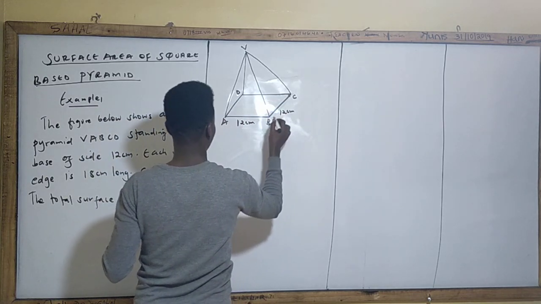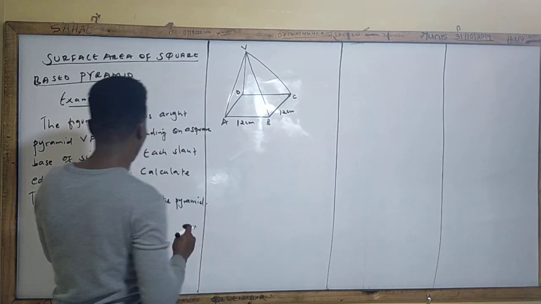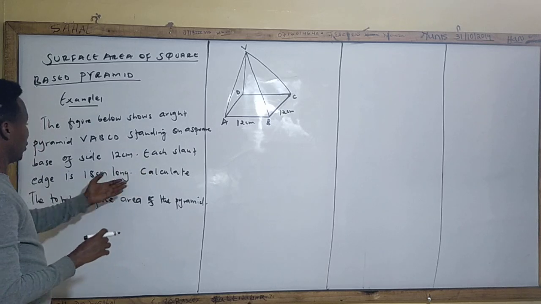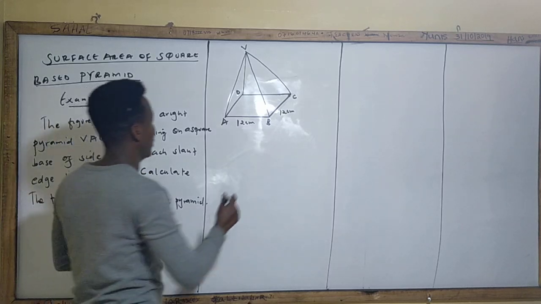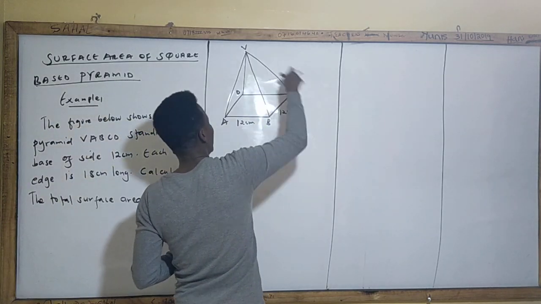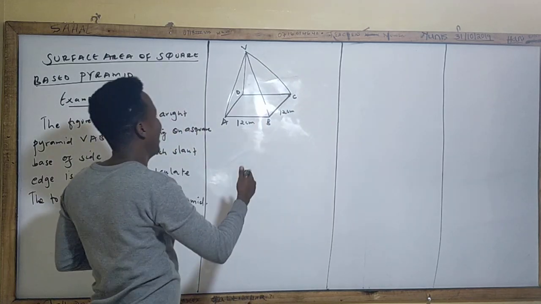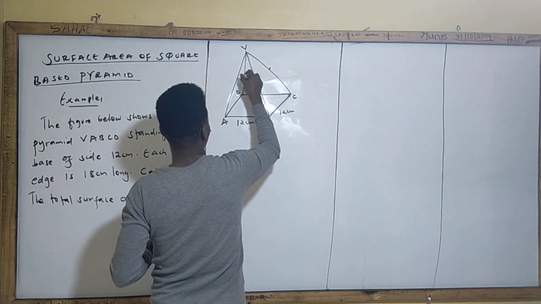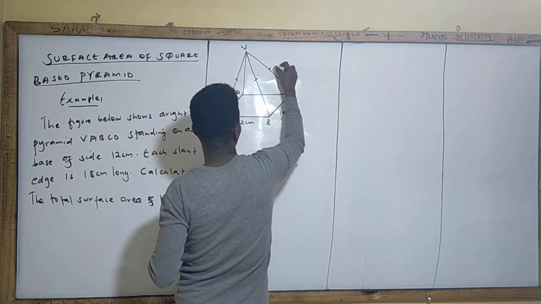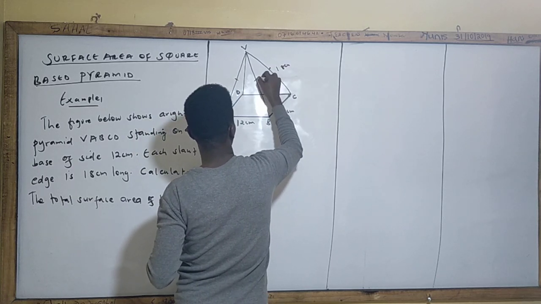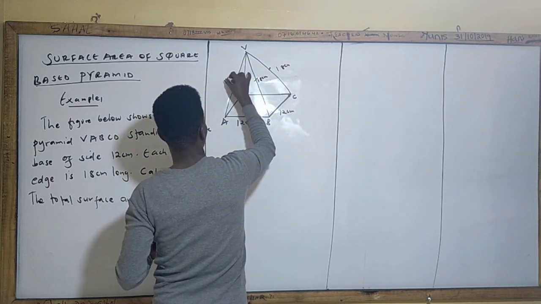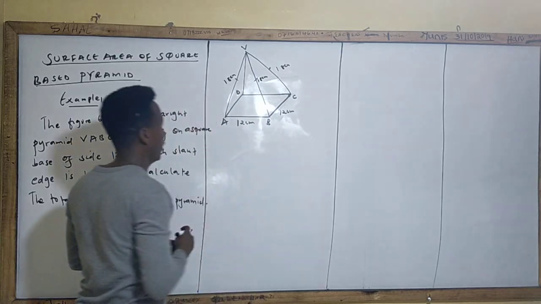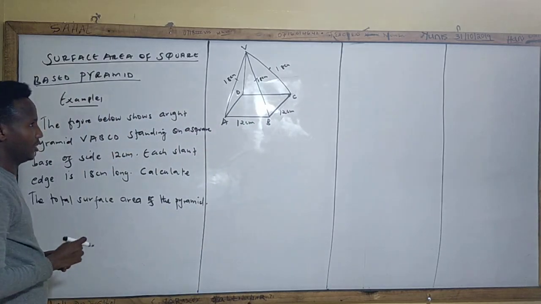Here also 12 centimeter. These guys are helping you because they are giving you the slant edge, which is the hypotenuse. VC, VB, and VA are the slant edges, so they are all the same. This will be 18 centimeter, this is also 18 centimeter, this is also 18 centimeter. VD is also a slant edge.